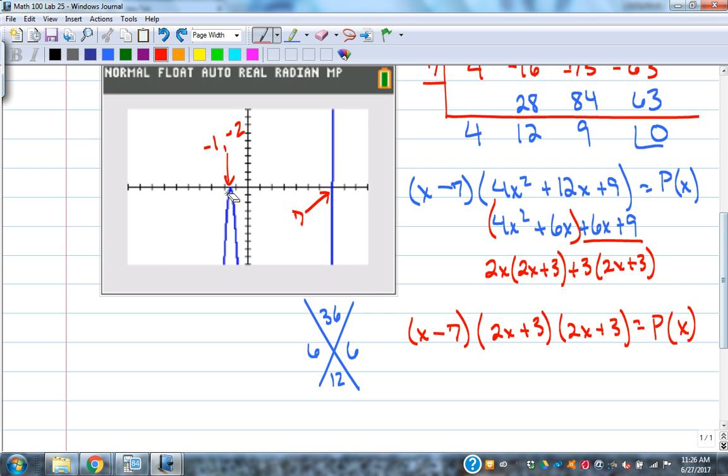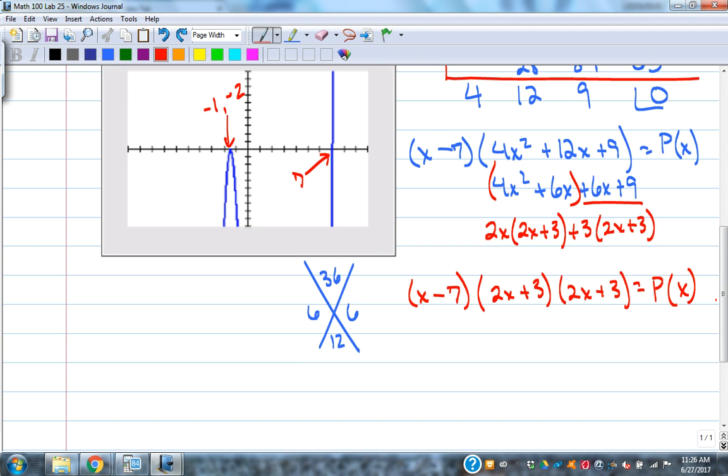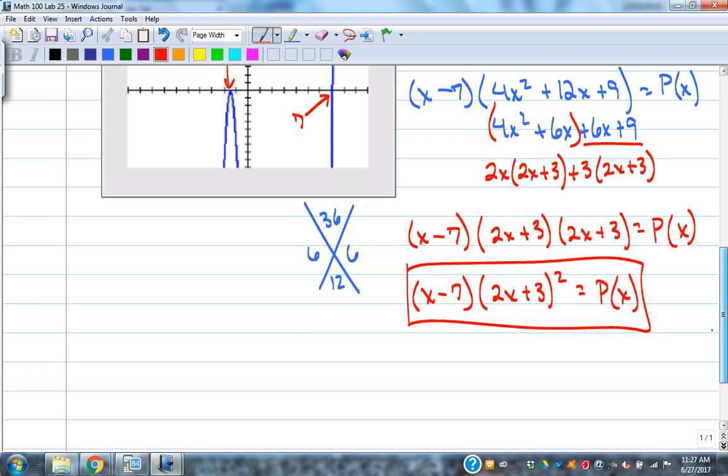That's what it looks like on the graph: it's going to bounce off the x-axis, or be tangent to the x-axis, would be the more mathematical term. But I like the term bouncing off the x-axis. So here we get the factored form, or you could write it this way, 2x plus 3 squared, which would also be a good way to write that.